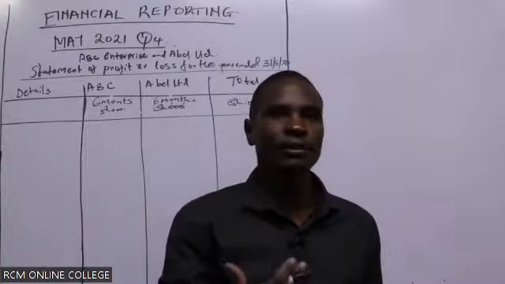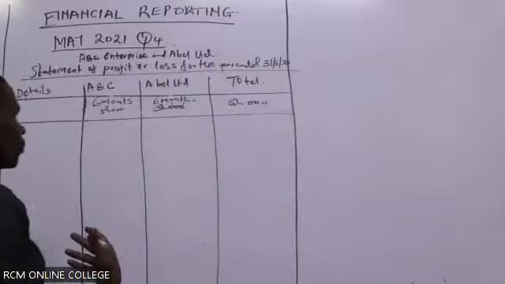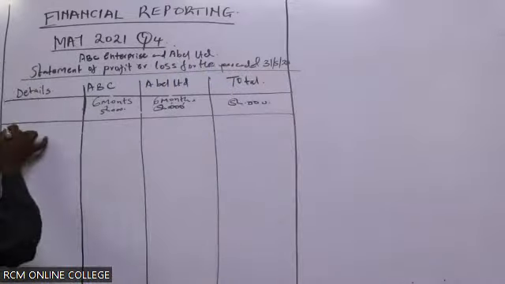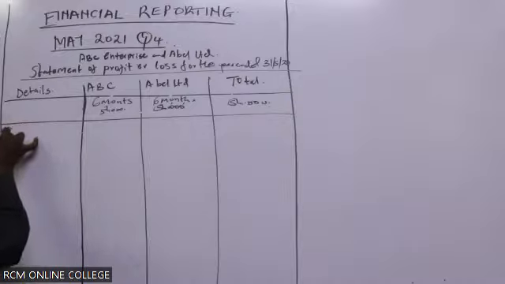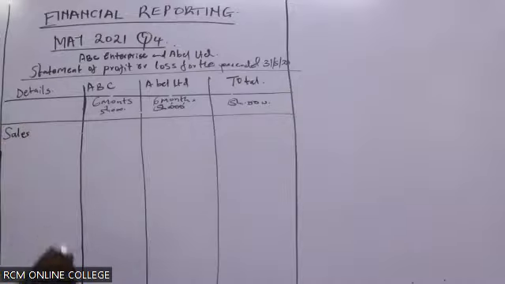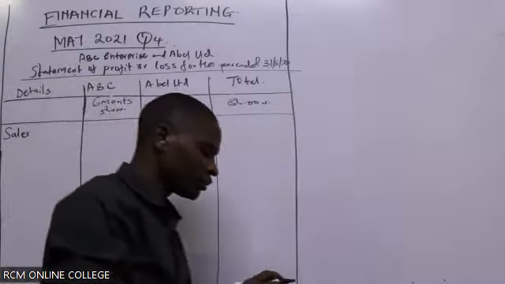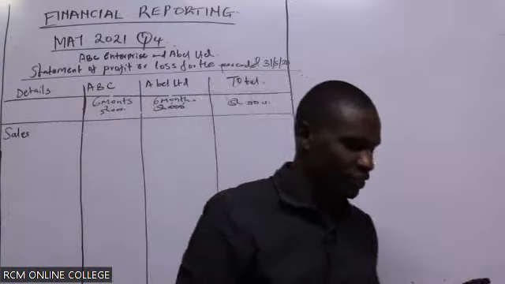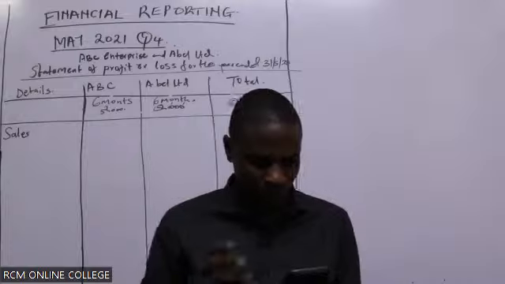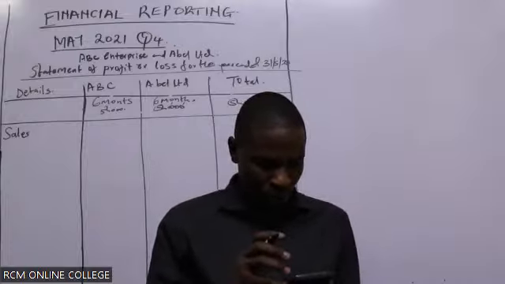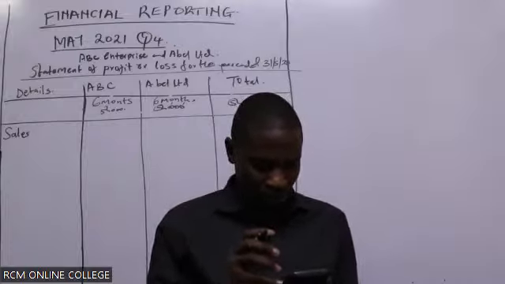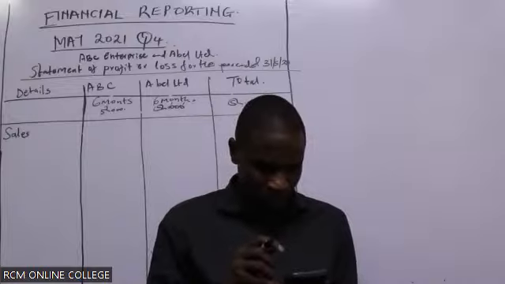We start with the sales, and then we should follow what the examiner is telling us here. Sales, remember, sales or revenue means the same. Let's check from what the examiner is telling us. Anything to do with the sale, what are we told?